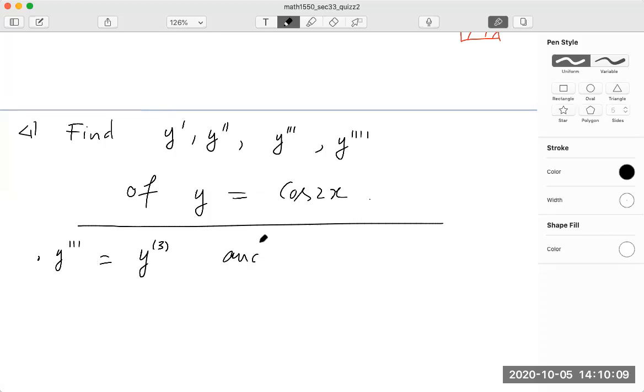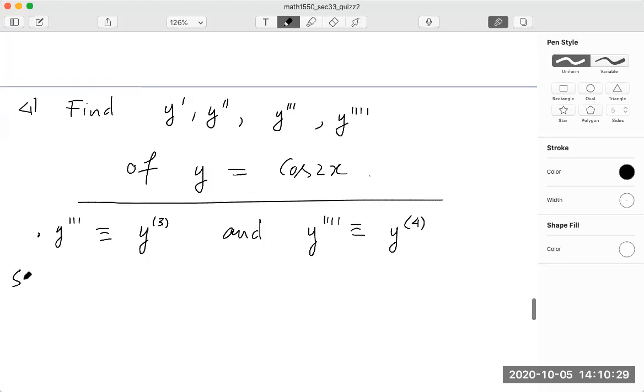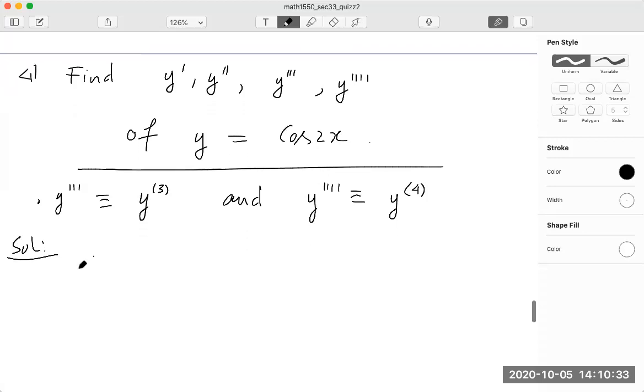And we can write it y to the fourth here, right? So that we can compute the nth derivative of this. It's easier, just makes our life easier. So now, we need to compute y prime first, which is the derivative of cosine of 2x, right?